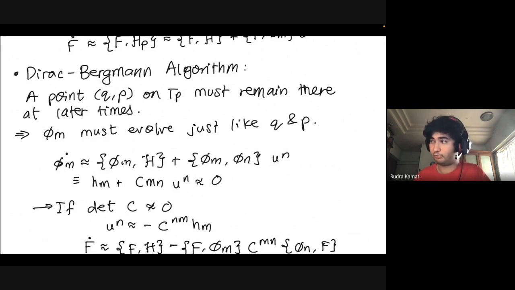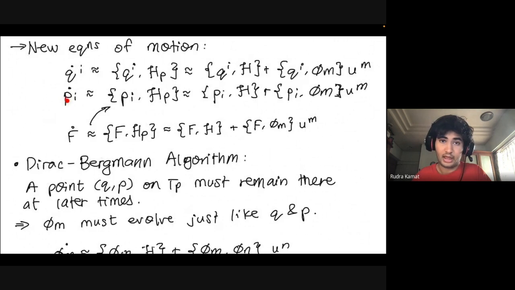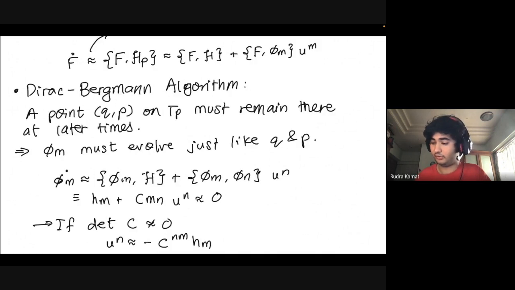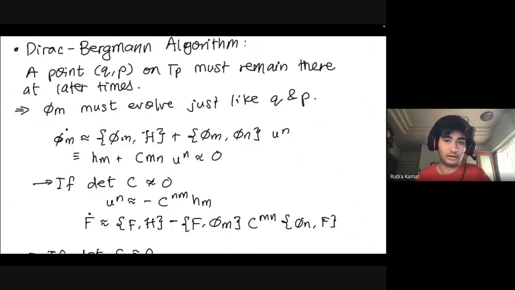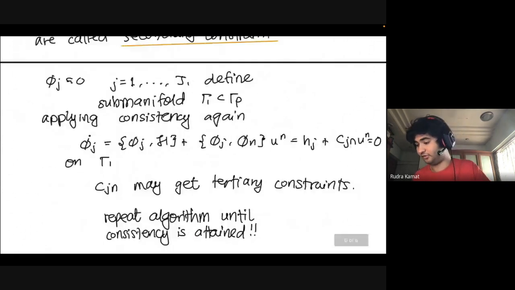Otherwise we're going to have inconsistencies, like assuming we had some momentum and then it evolves and it's no longer on gamma sub p. That means we've just lost information about our system, and that's really not physical. Losing information is always bad. If you are a physicist, you know that.